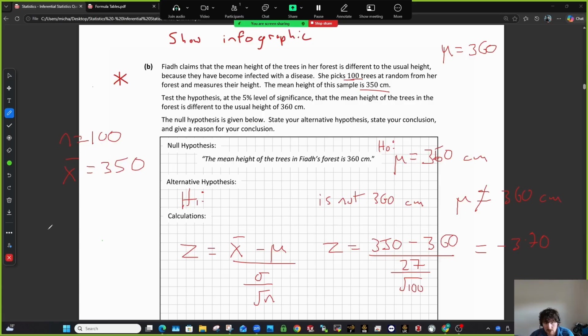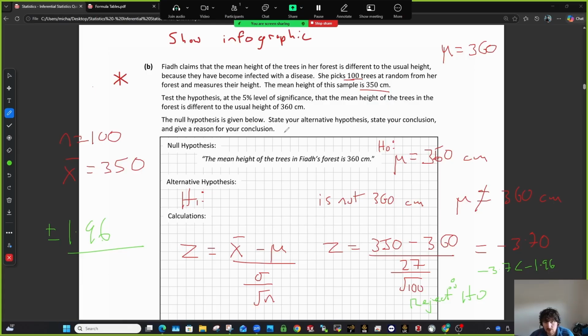As we know, our critical z-scores are plus and minus 1.96, and here what you would say for the examiner is minus 3.7 is less than minus 1.96, and therefore we reject H0 because you're in the rejection region. And so then we make a conclusion.